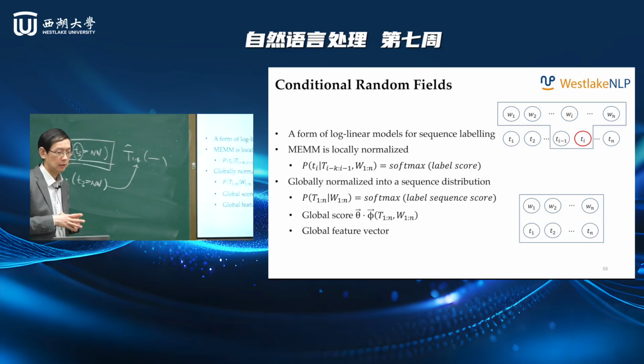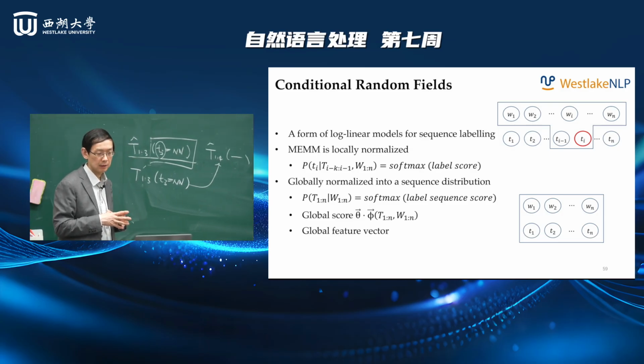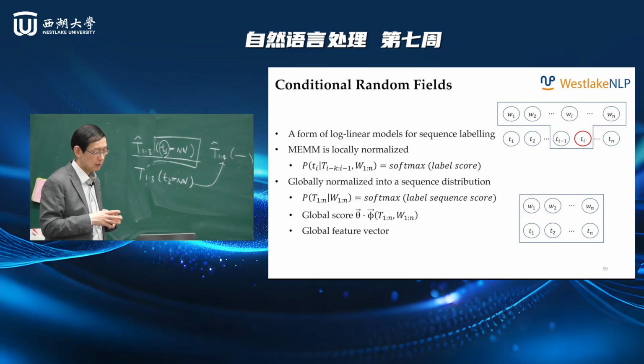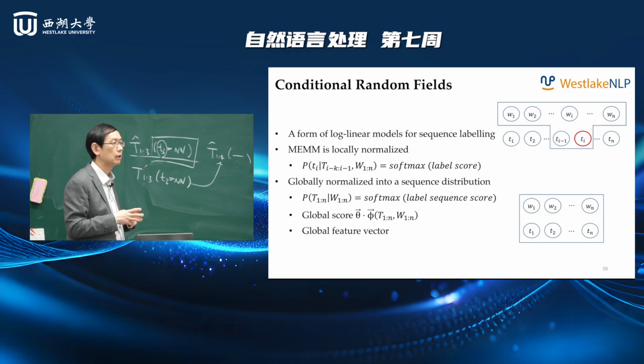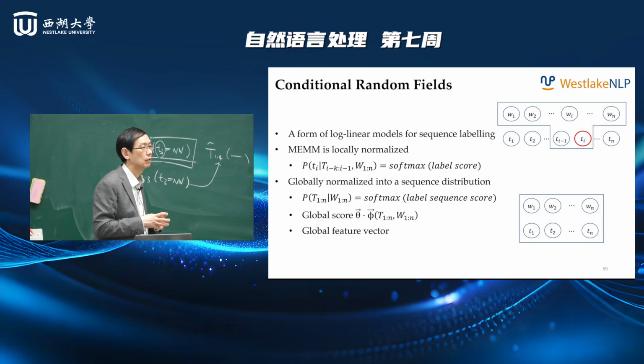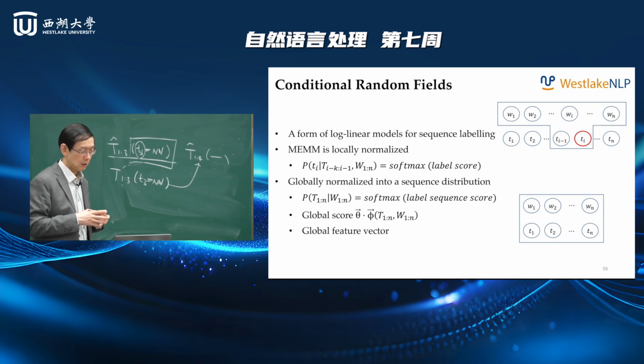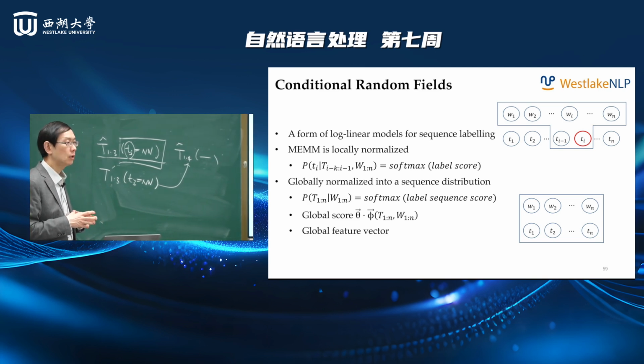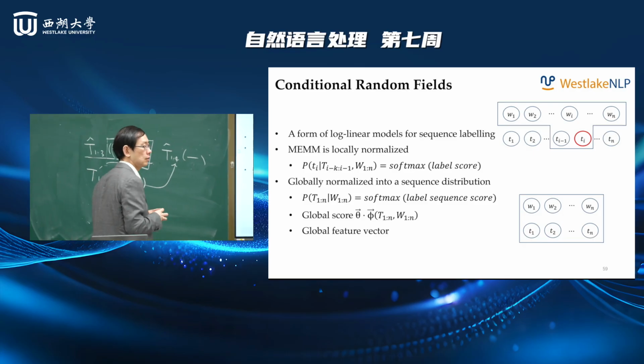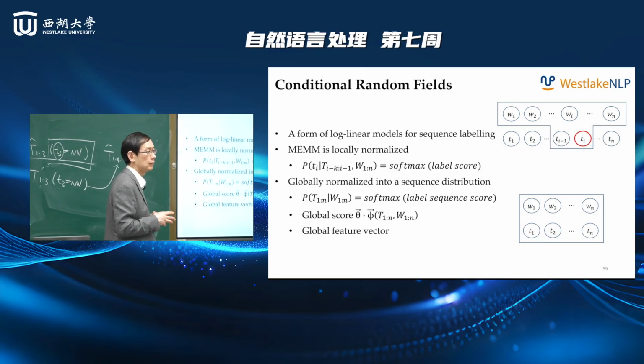So I'm taking the probability of T1 to n given W1 to n as a whole, right? I build a model on that. And I build a log linear model to that, okay? So CRF is a log linear model.